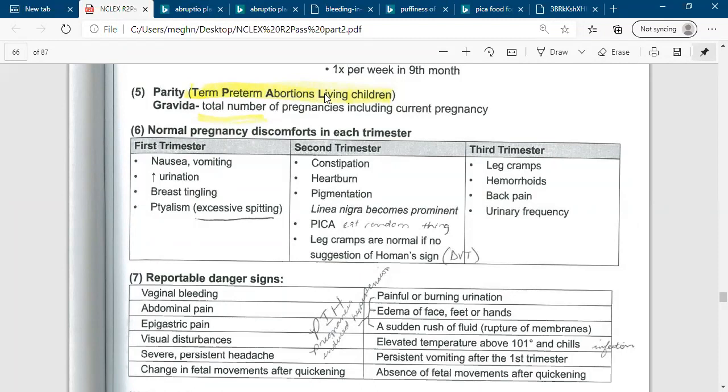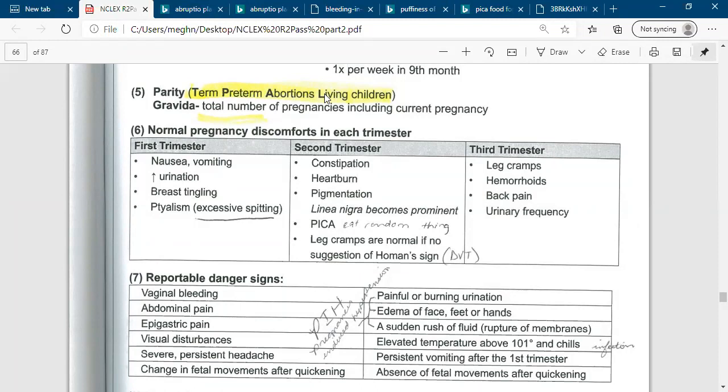So as an example, a woman has 4 children. 2 are single and a set of twins. So what is her parity?